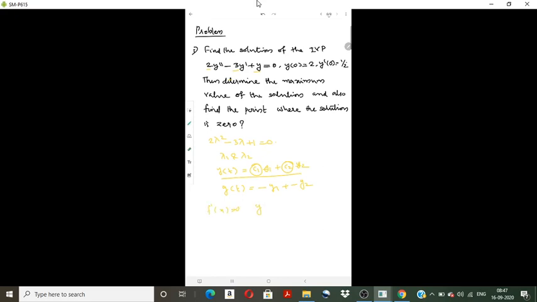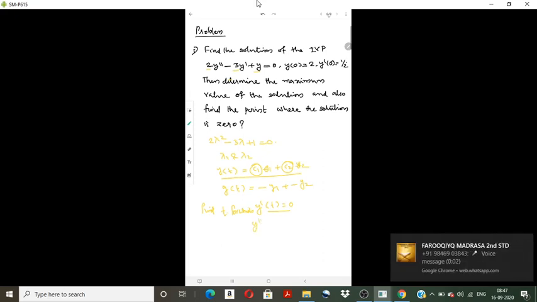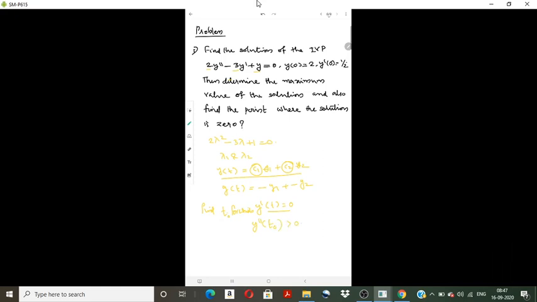So first of all, find the points t for which y dash of t equal to 0, and at that point consider y double dash. Let the point obtained be t naught. If y double dash of t naught is positive, then it is a point of local minimum, and if y double dash at t naught is negative, we can say that the function has a maximum.